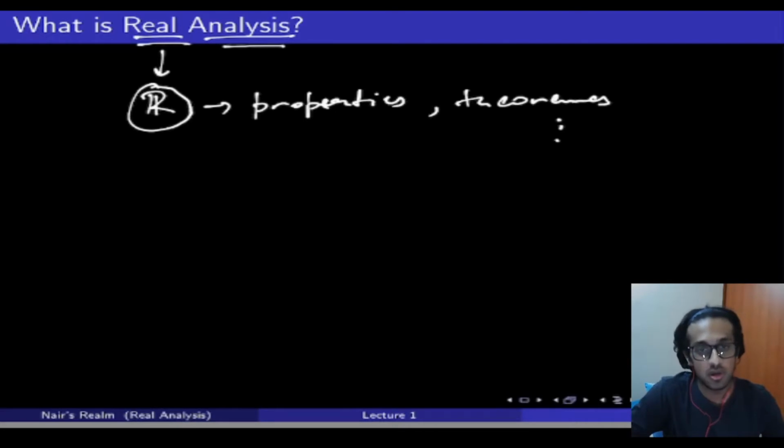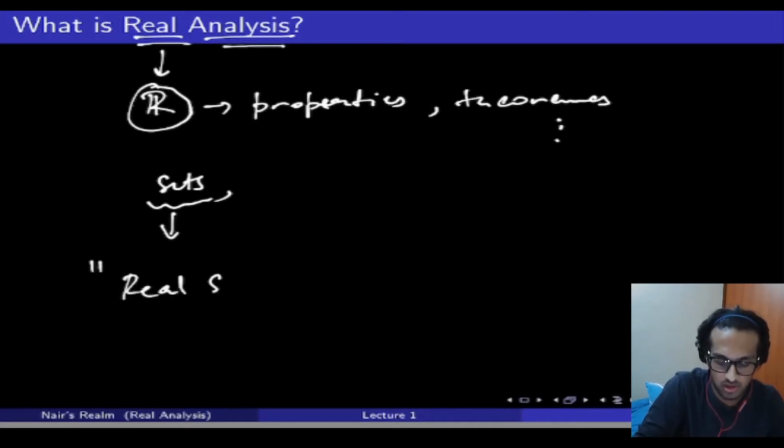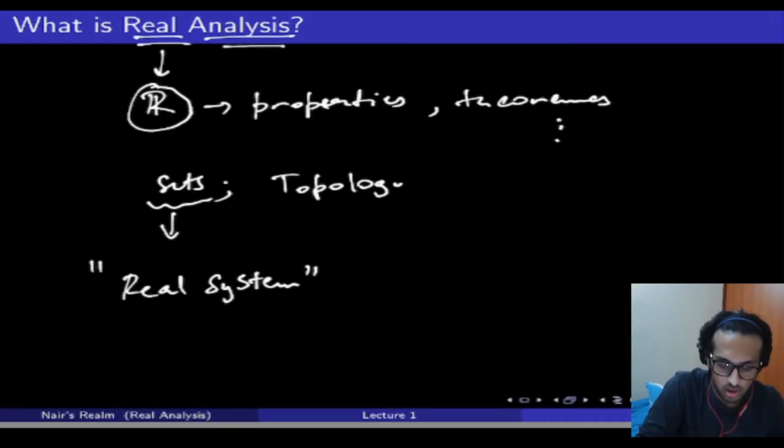So what do you learn in real analysis? Firstly, you learn some basic set theory, which is what we'll be dealing with today, which will form the basis of you understanding what the real number system is. Apart from sets, you'll learn about topology, and topology is going to be the most important topic of real analysis in general.